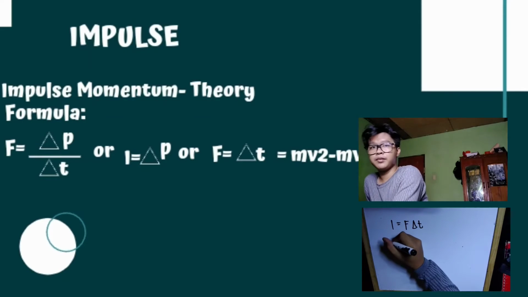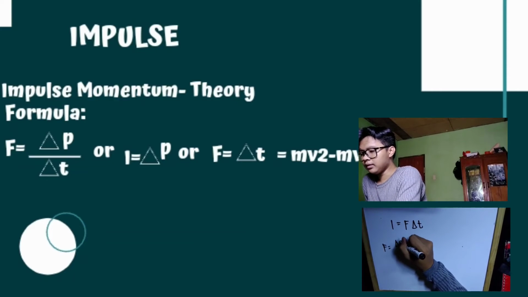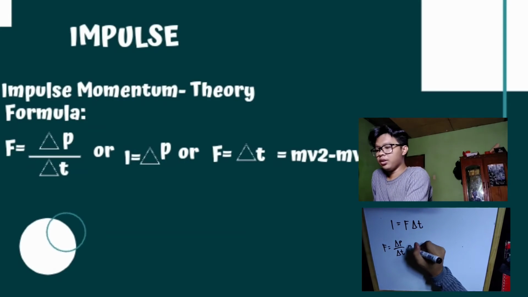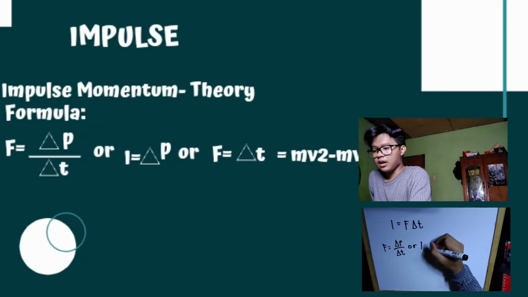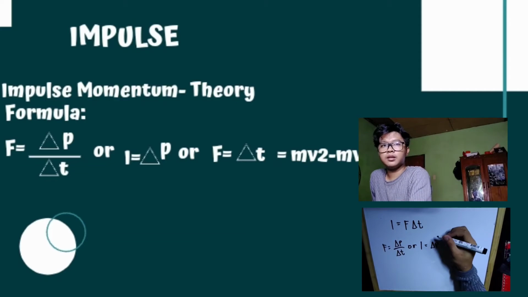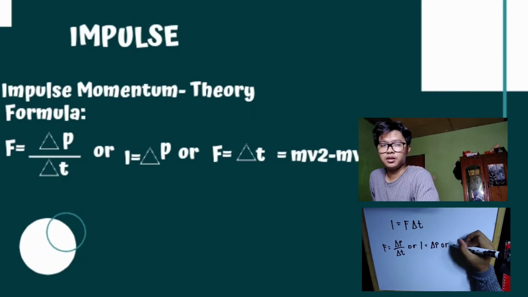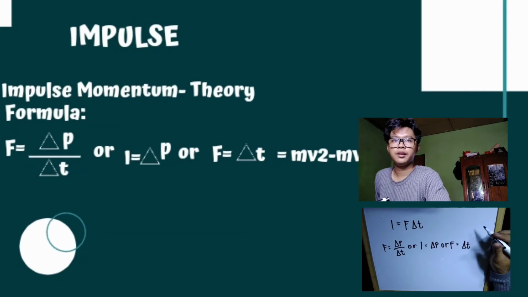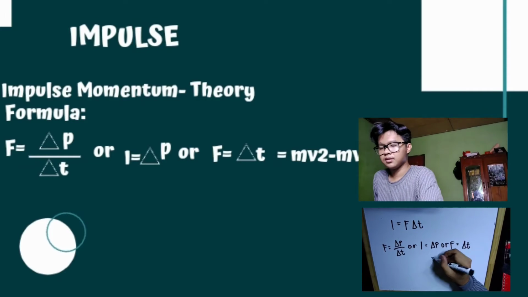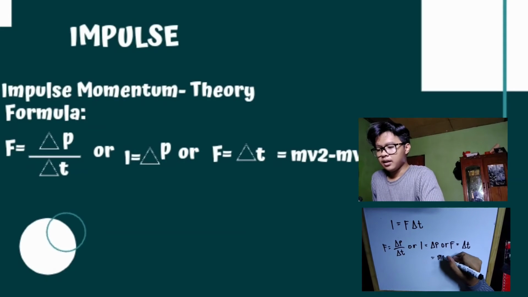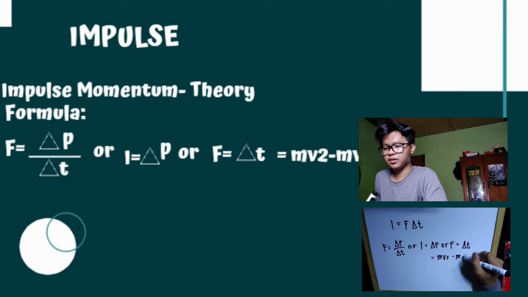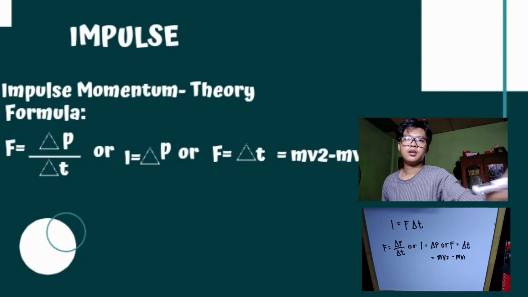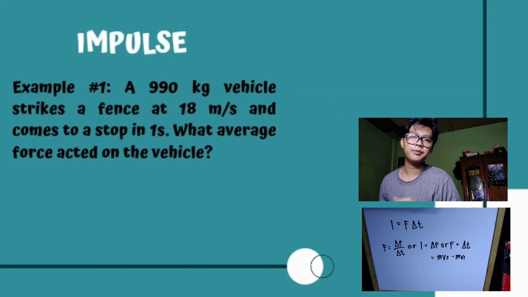The formula of the impulse-momentum theorem is F equals delta P over delta T, or I equals delta P, or F delta T equals mv2 minus mv1. Now let's move on to example number 1.